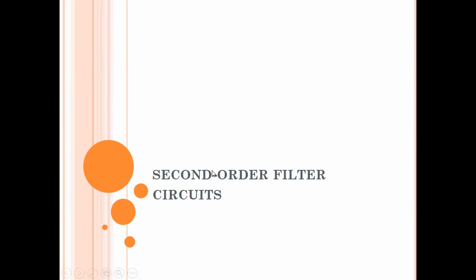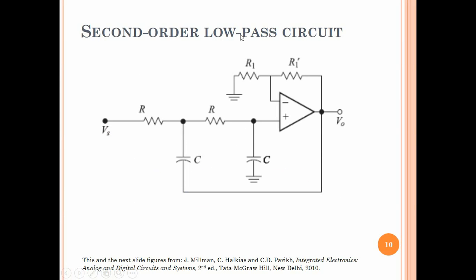All right, so these will have two energy storage elements, and these are all the circuits I'm going to show you, all with two capacitive elements. Here is a second order low pass circuit. This RC is a first order circuit, but if we have another RC section, so two RC sections, this becomes a second order low pass circuit, and the circuit has a gain of 1 plus R1 prime by R1 at low frequencies.